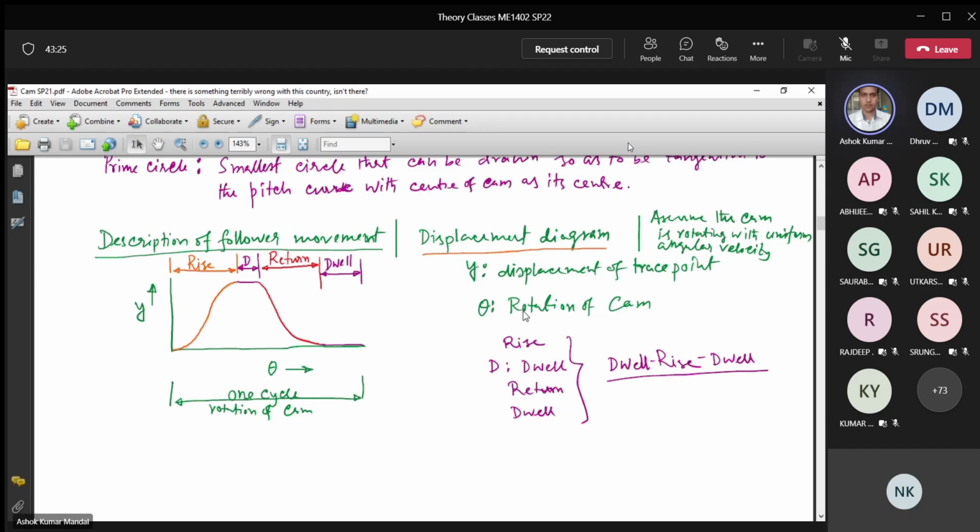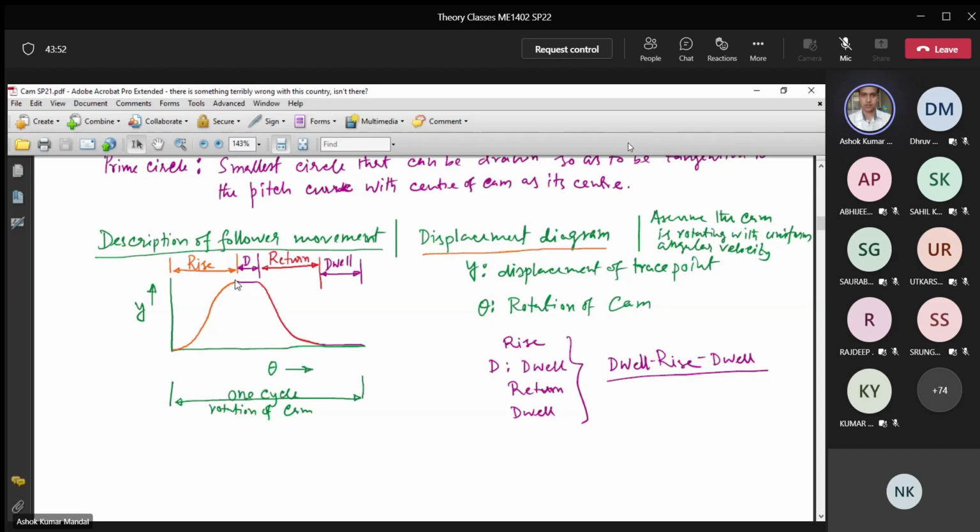Now typically when a follower moves, suppose there is a translating follower, generally it has four steps. In one step, the follower goes up, which is called a rise. So with theta, how does y vary? It may follow a curve like this.